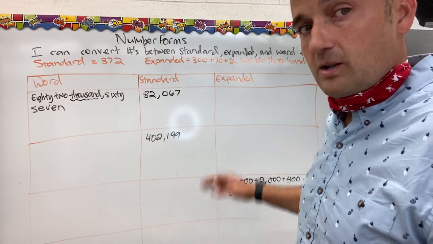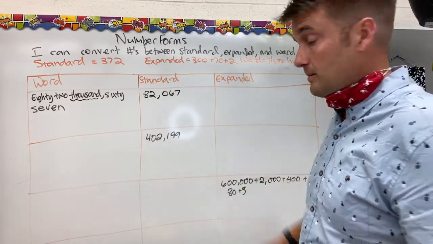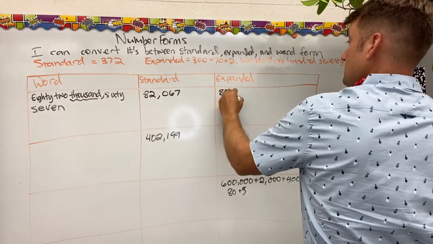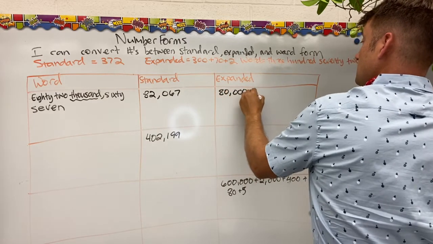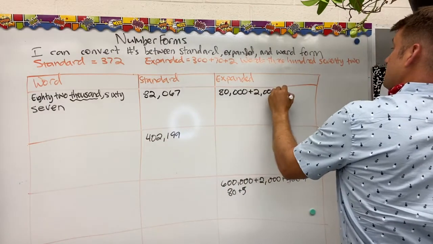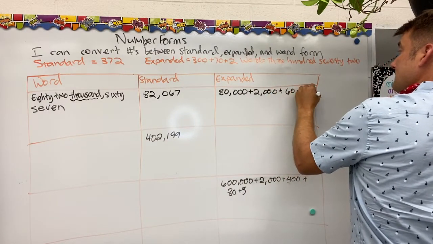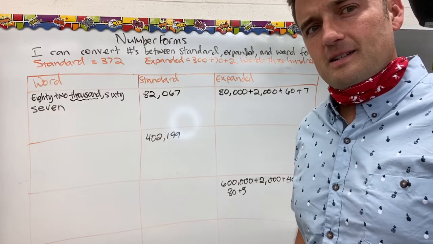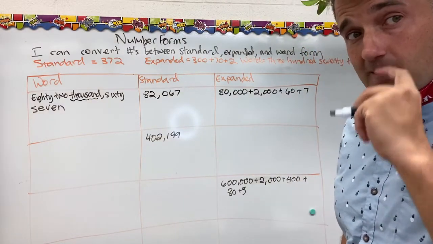And then if I wanted to write that in expanded form, I would write it like this: 80,000 plus 2,000 plus 67.